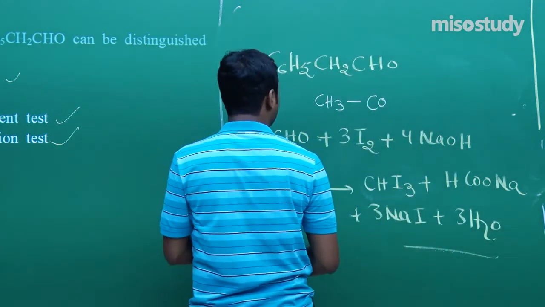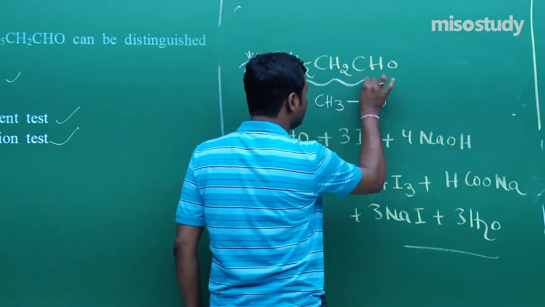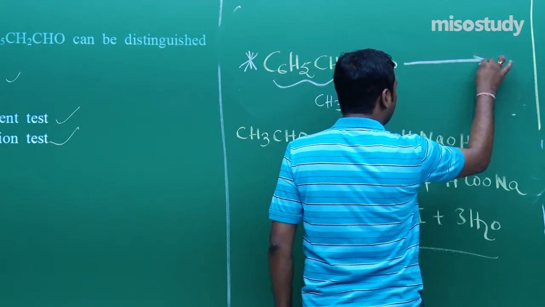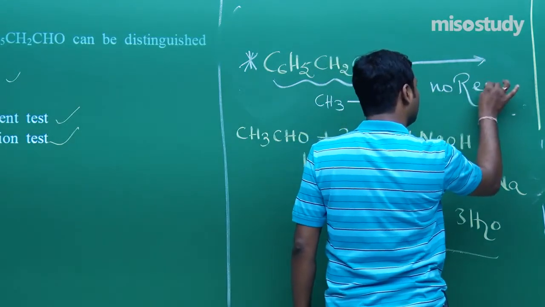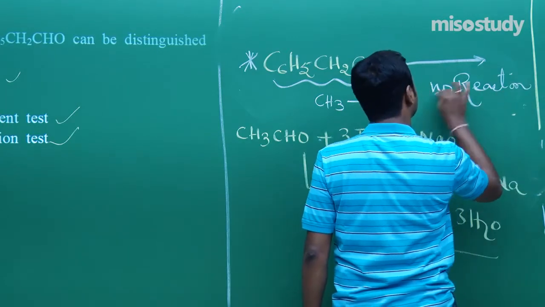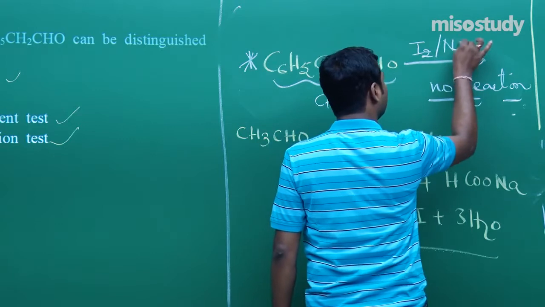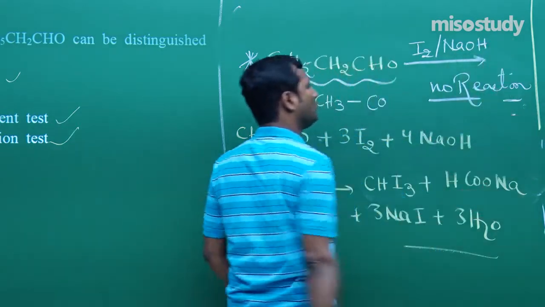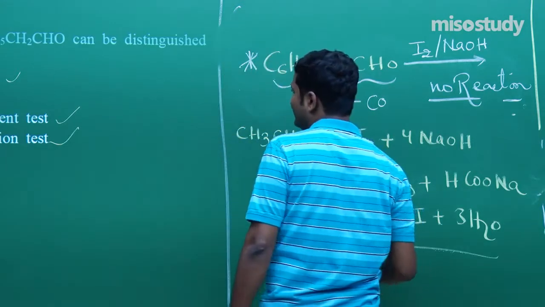This is the reaction. But in case of C6H5CH2CHO, no reaction takes place. With I2 and then NaOH, no such reaction takes place. Clear?